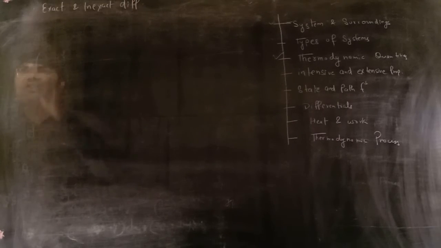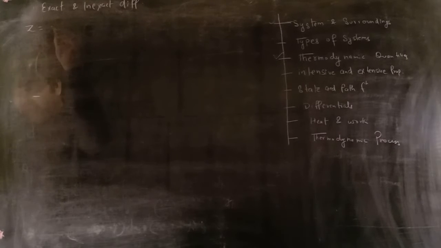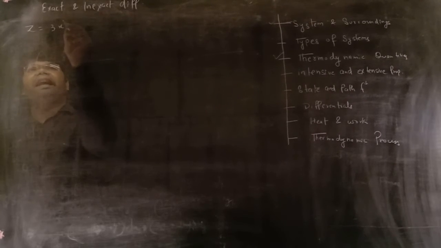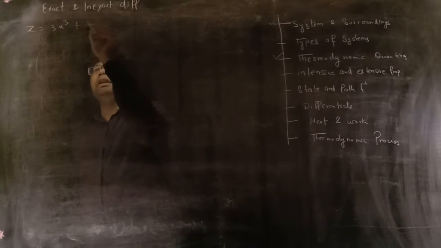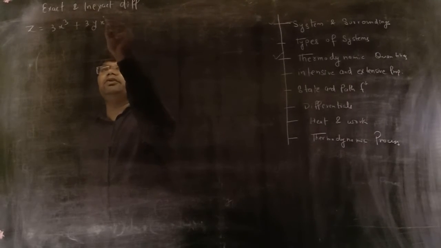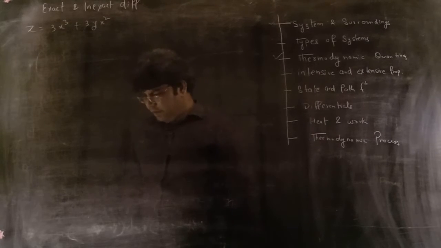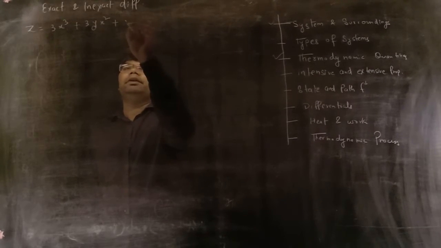Suppose this is the function z is equal to 3x cube plus 3x square plus xy square.